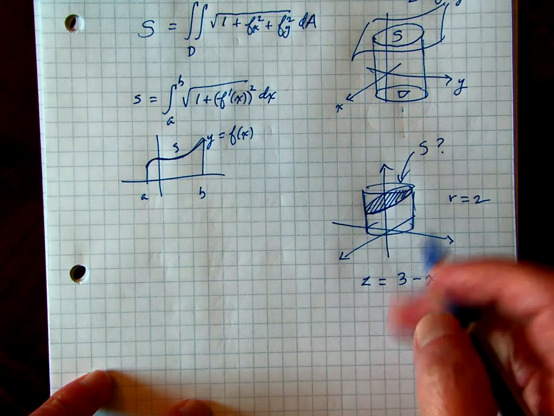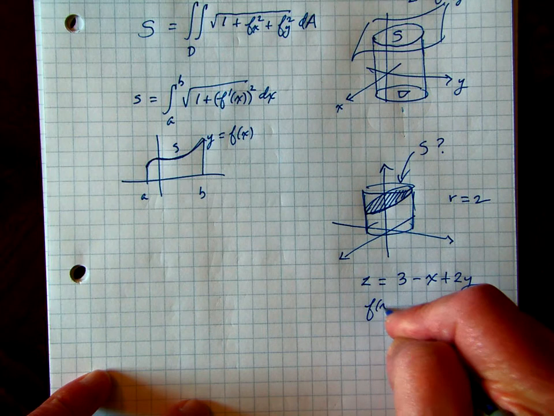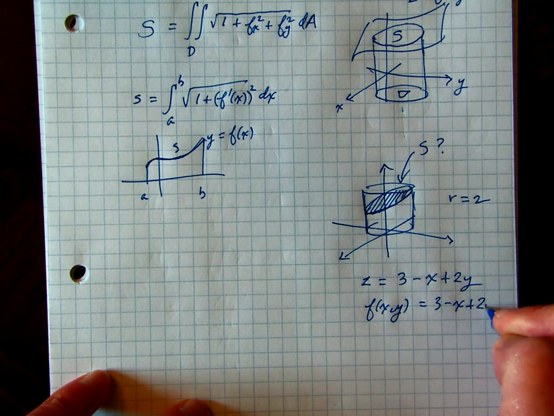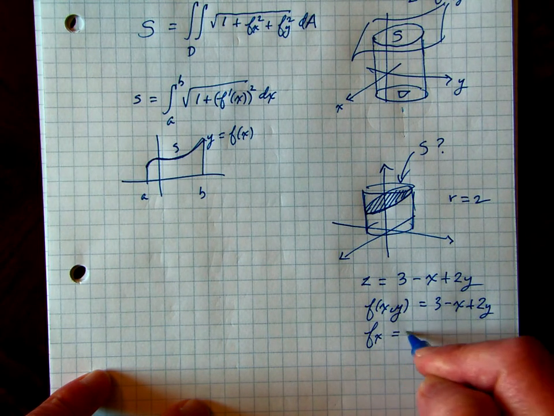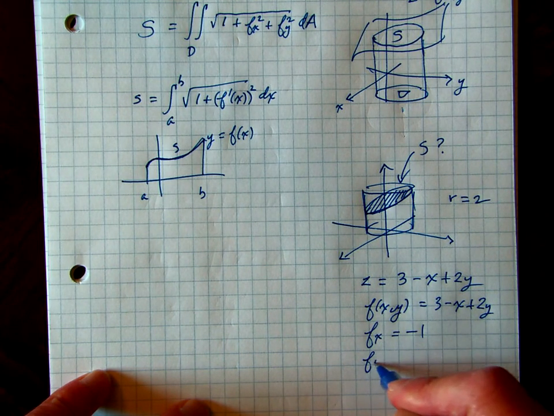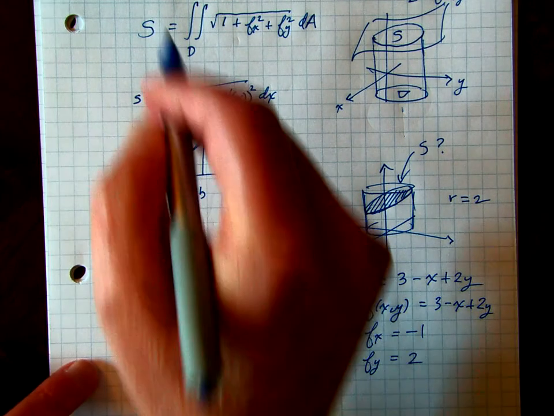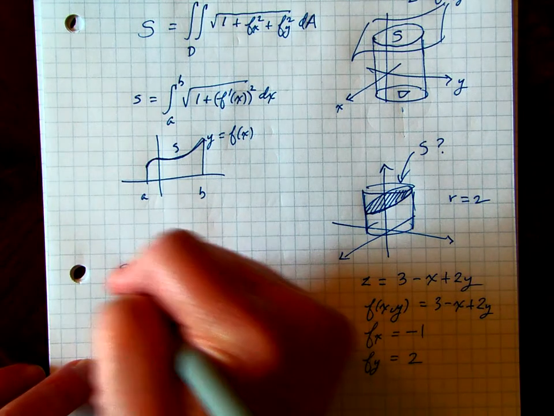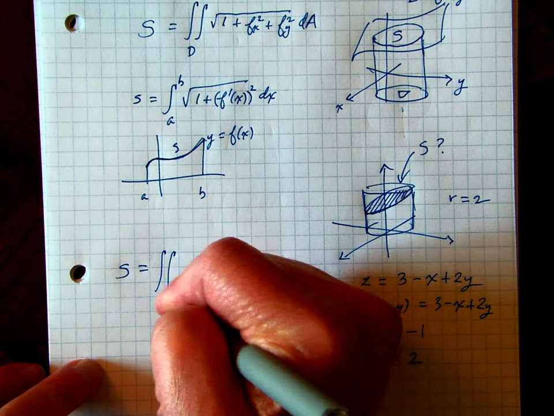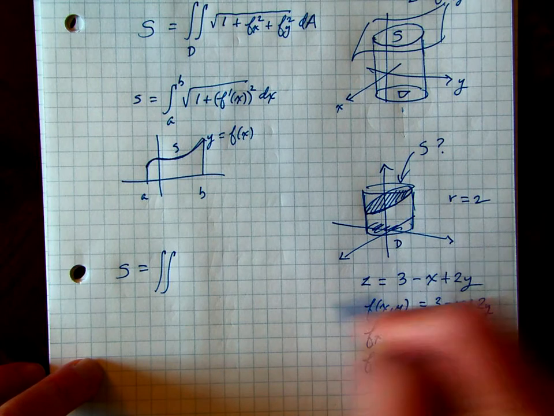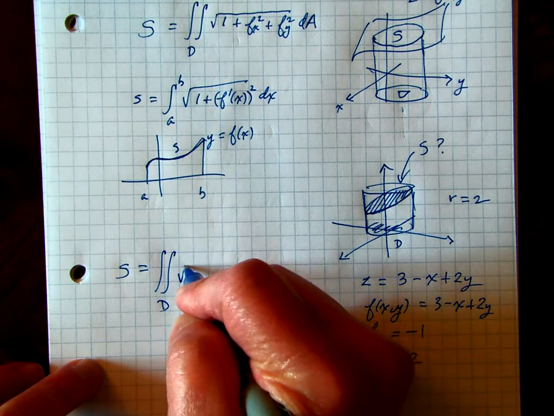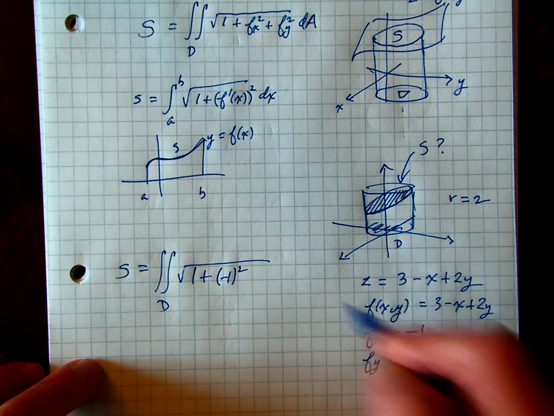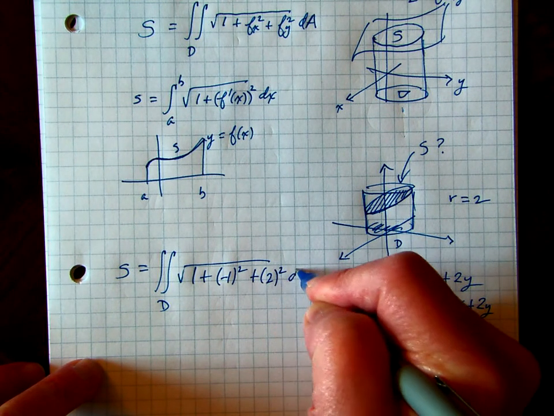Well, if f of x, y, is 3 minus x plus 2y, we know fx is negative 1, and we know fy is 2. So going back to this original surface area integral, S is equal to the double integral over this region D, the disk at the bottom, of the square root of 1 plus fx squared plus fy squared dA.